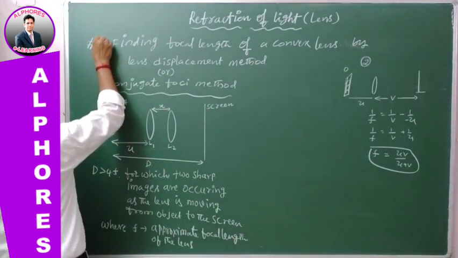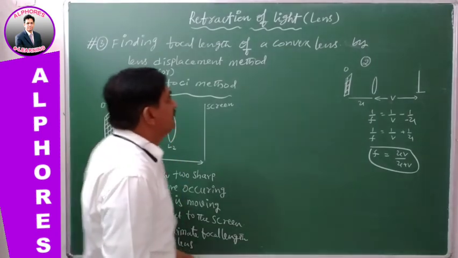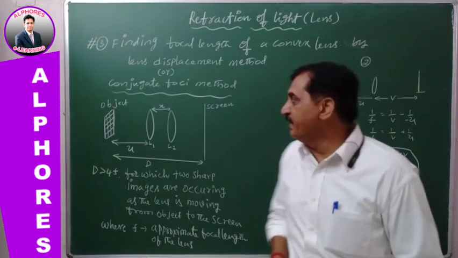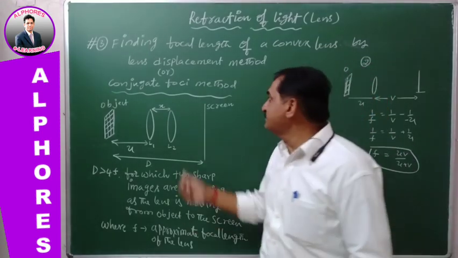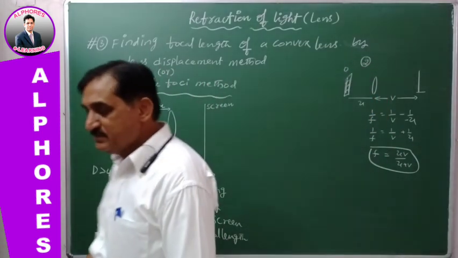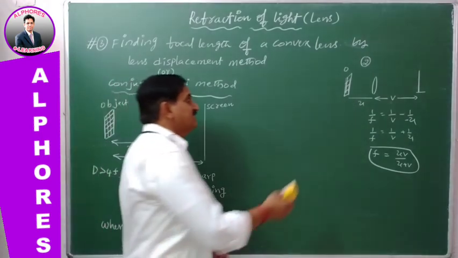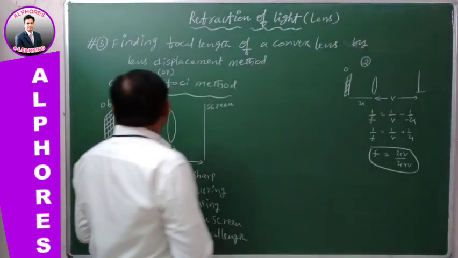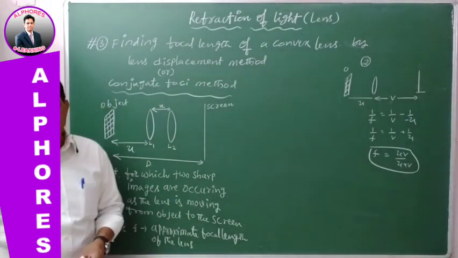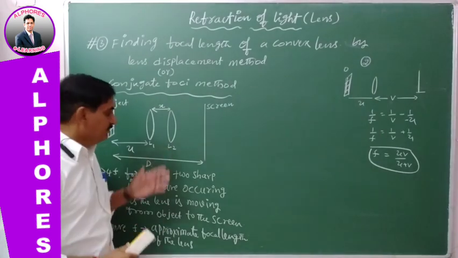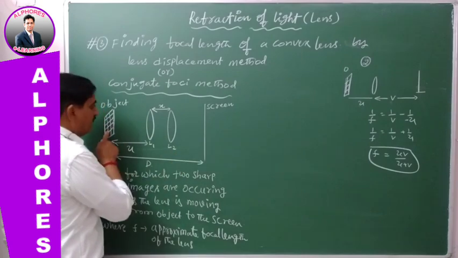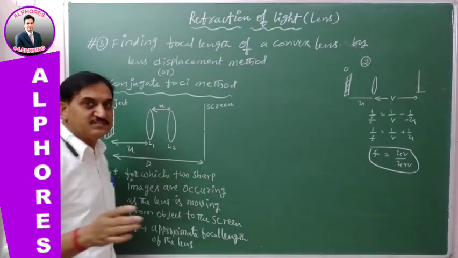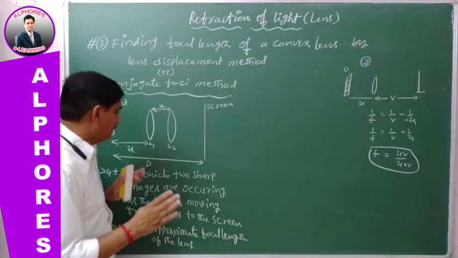This is the third method: finding the focal length of the convex lens by the lens displacement method or conjugate foci method. Let us see, what is the conjugate foci method? In this method, the object and the screen are kept at a fixed separation.